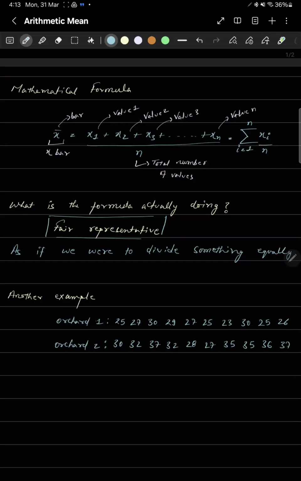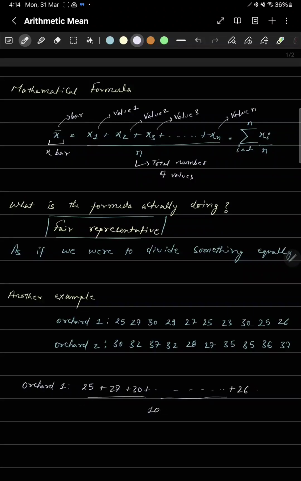Now we apply the formula on orchard 1. So for orchard 1, 25 plus 27 plus 30 plus, we add everything till 26, divide by 10, we get something like 26.7, right?